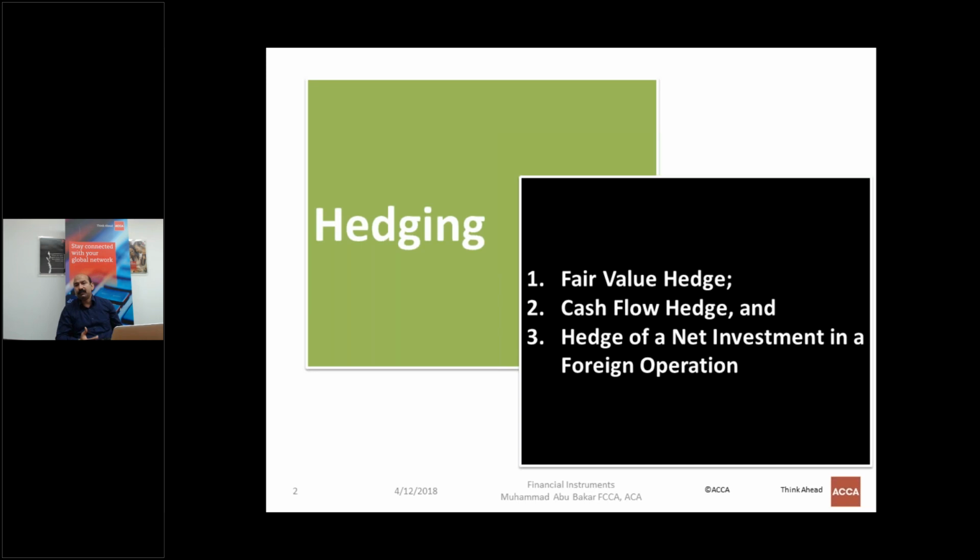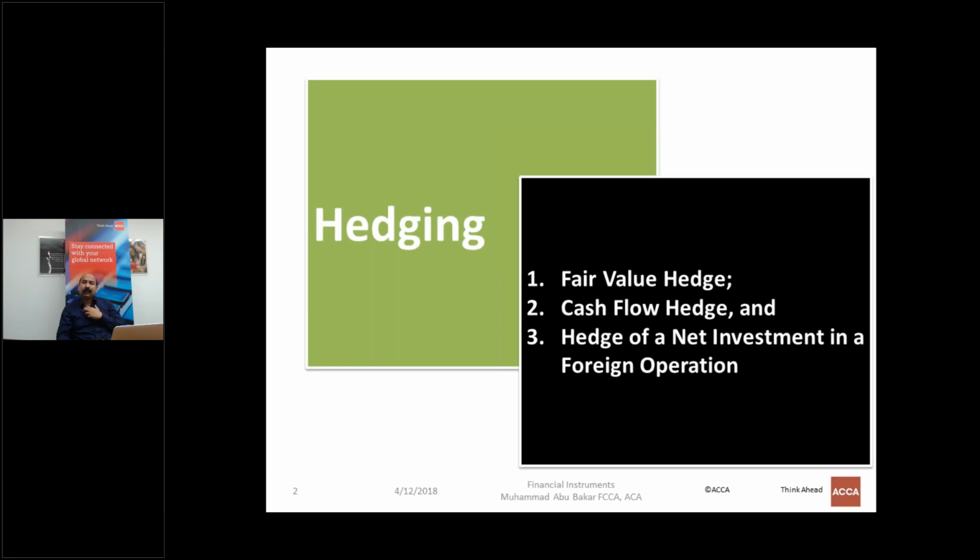Similarly, there could be a situation where you have a loan at a fixed rate, but you are afraid that maybe in the future the interest rate falls, and those future interest rates may be below your fixed interest rate, in which case you are paying interest at a higher rate than the prevailing interest rate in the market.